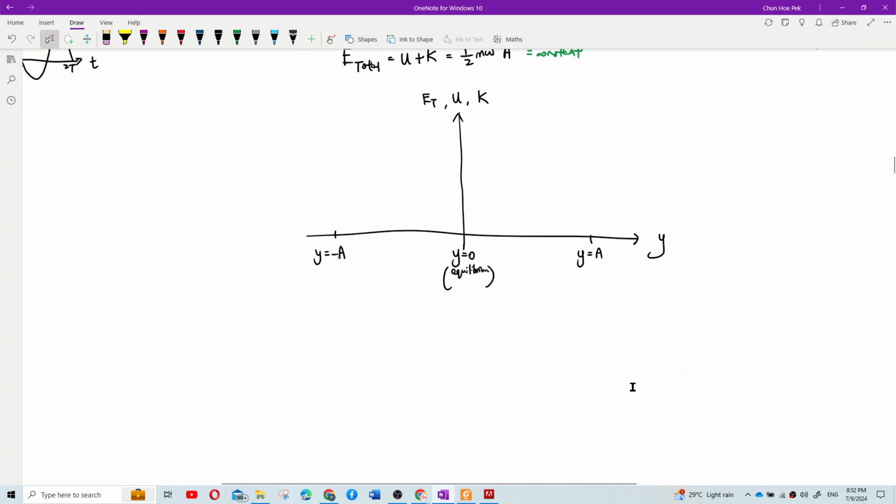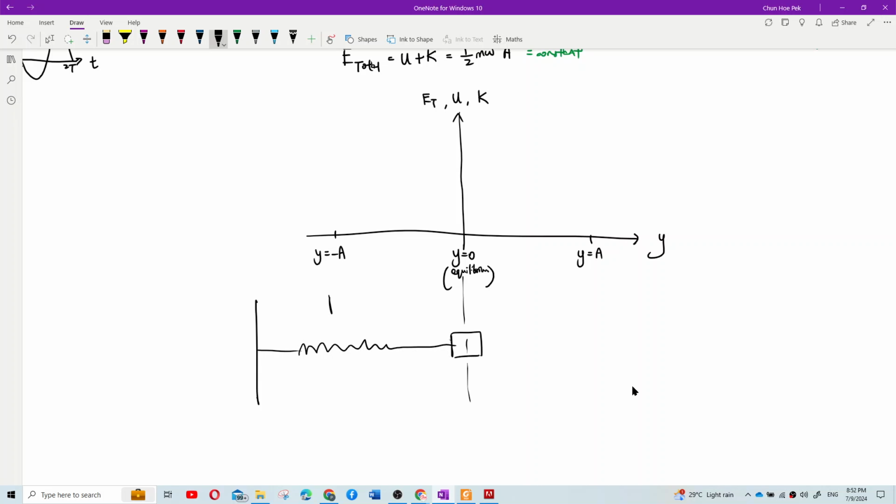Mungkin saya buat satu begini, ya. So kalau blok di sini equilibrium lah, ya. Spring tak ada apa-apa, kan? Tapi kalau dia kena compress ke sini, maka banyaklah elastic energy di sini, kan? Kalau di sini dia banyak extension pula di sebelah sini, kan? Betul tak?